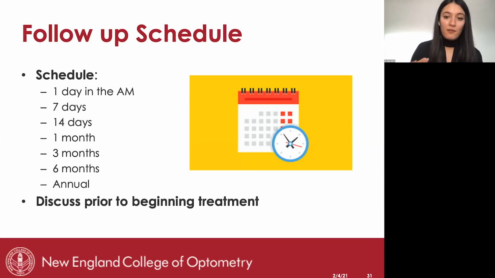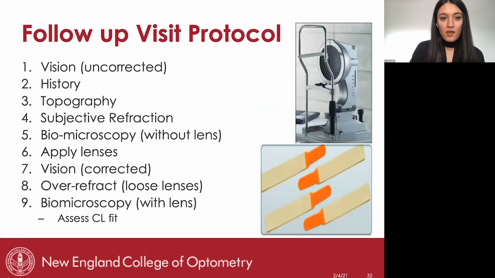Then we follow up with them at the 14-day, 1 month, 3 month, and if things are going well, 6 months, and then at the annual visit. I like to see my patients every 6 months for their first 1 to 2 years, and then once they're more comfortable, we can push it back to an annual visit. At the follow-up visit, we check their uncorrected visual acuity.